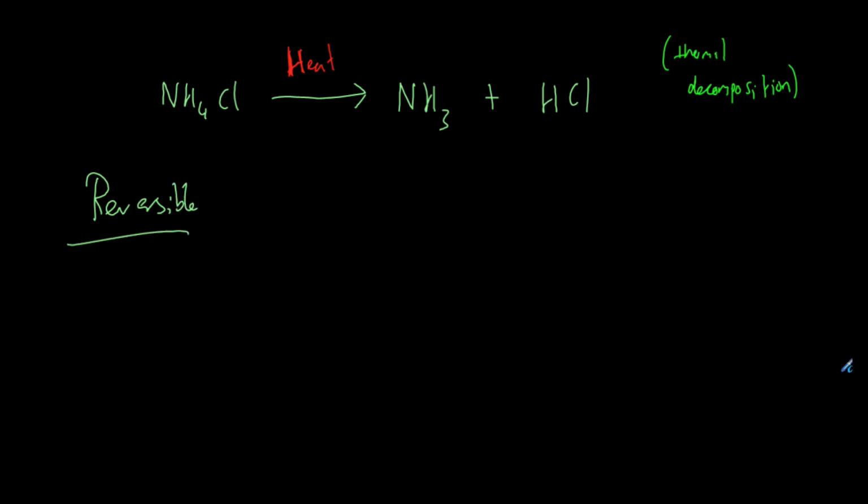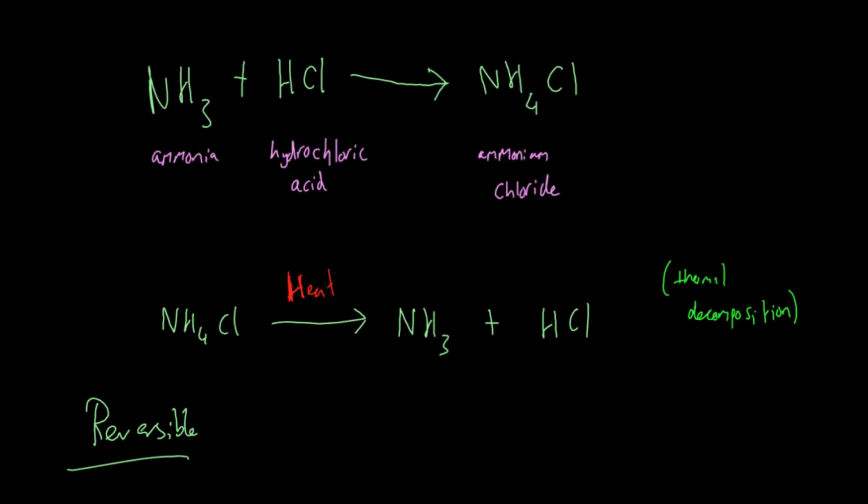If I were to write down either one of these equations, what I should really do is use a double-headed arrow going in opposite directions, like so. And that means that the reaction can proceed forwards, so from ammonia and hydrochloric acid to ammonium chloride, and backwards, so from ammonium chloride to hydrochloric acid and ammonia.